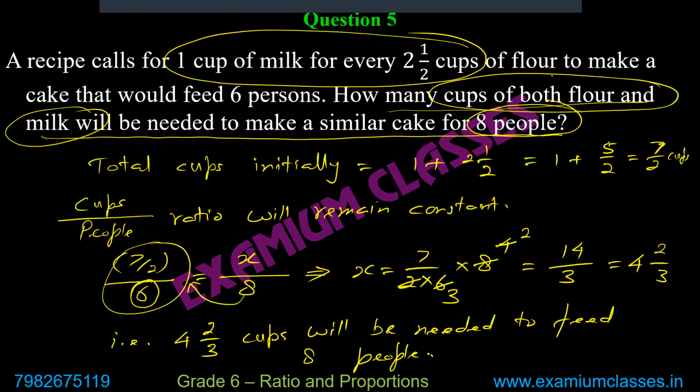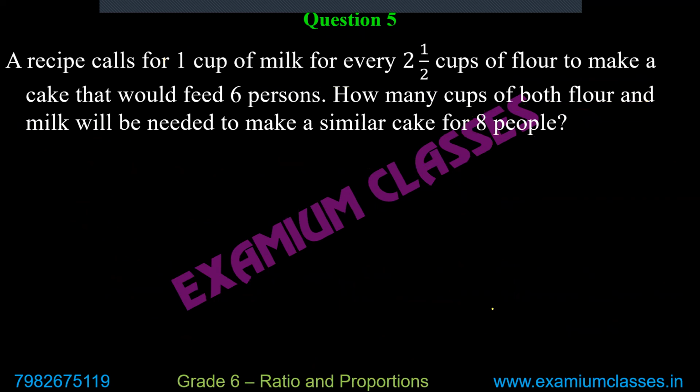Right? Now there is another way also. Suppose you need separately how many cups of milk, how many cups of flour. Then in that case, what you will do? So here is the answer, 4 and 2 by 3 cups. But suppose you need separately. Then what you will do?